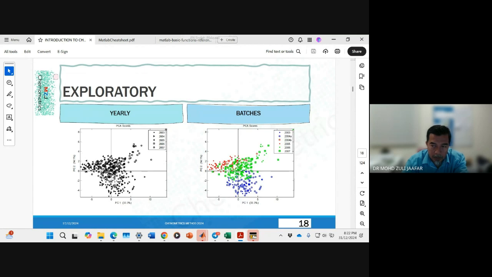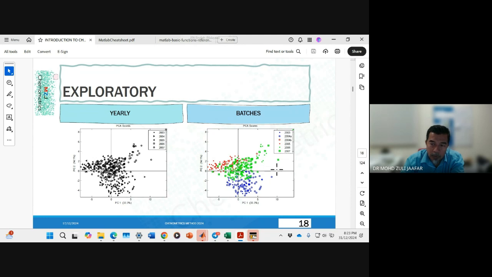But when I look at the dataset again, I asked our collaborator to give me the dates. Firstly they gave the year, and later they gave the date the data had been analyzed. What we got is interesting. They analyzed the data in 3 batches. One is 2003 and 2004, then 2004 and 2005, and 2006 and 2007.